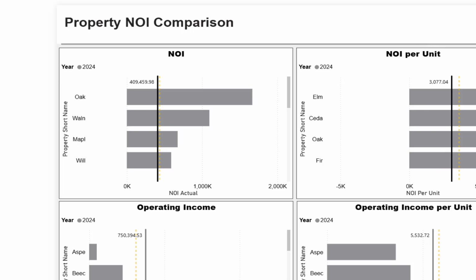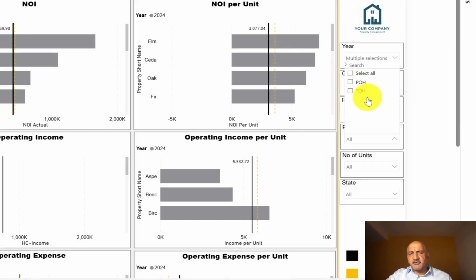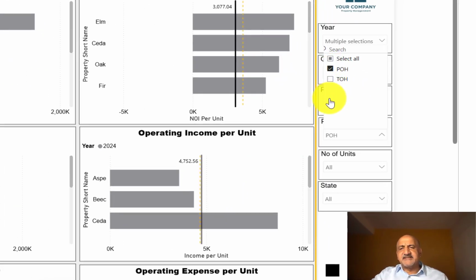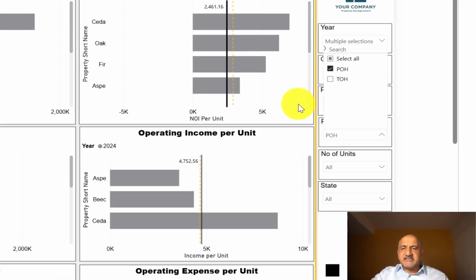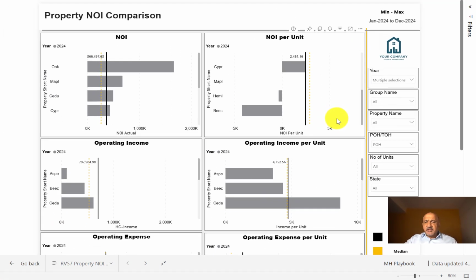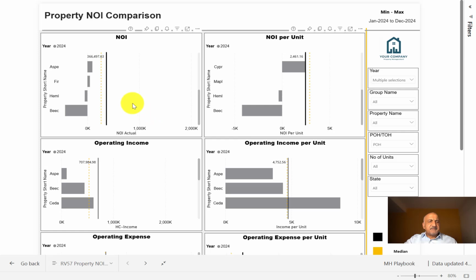And I can apply a filter here so I can look at only the tenant-owned homes or the park-owned homes at a time, so that the data is much more meaningful. Looking over here, I can see there are two properties that have a negative NOI, and a pretty substantial negative NOI per unit as well, Hemlock Hills and Beach Lane.